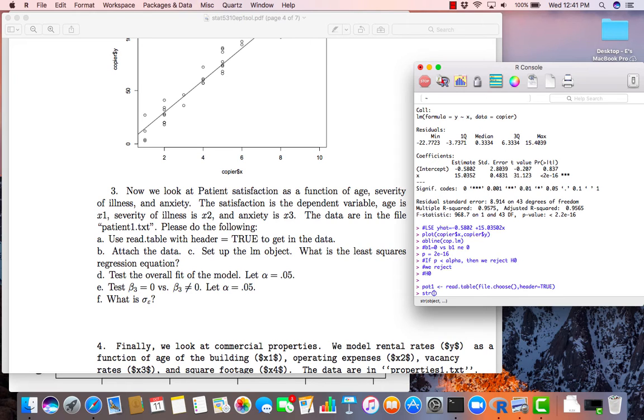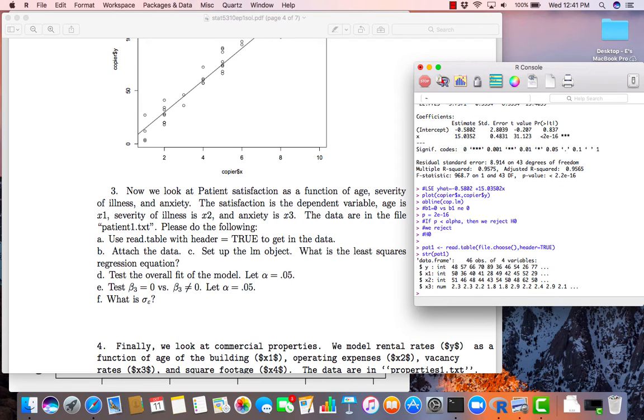Let's look at the str, because I like to look at that. You don't have to. So there's your data set, not surprising. There's your Y, X1, X2, X3. So you're going to set up your LM object. What should we call this? Pat1.lm.